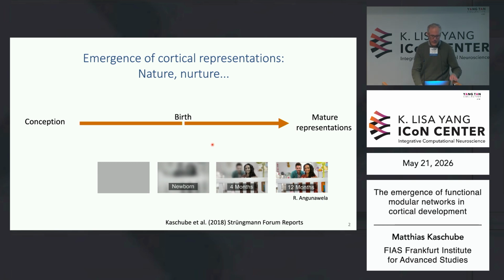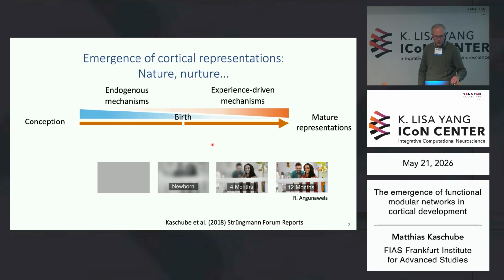Often it is thought about in terms of nature versus nurture. On the one hand you have endogenous mechanisms, and on the other, experience-driven mechanisms. The endogenous mechanisms are thought to be most important early in life, while the experience-driven mechanisms become more and more important at later stages.